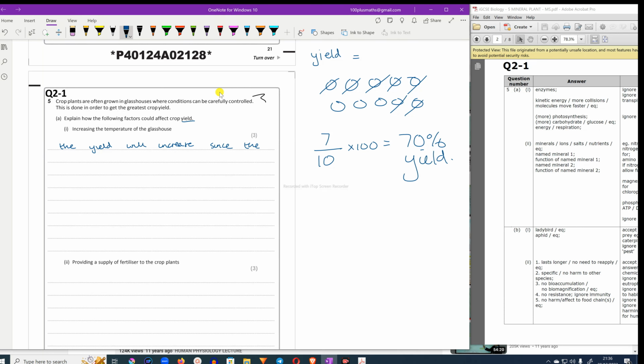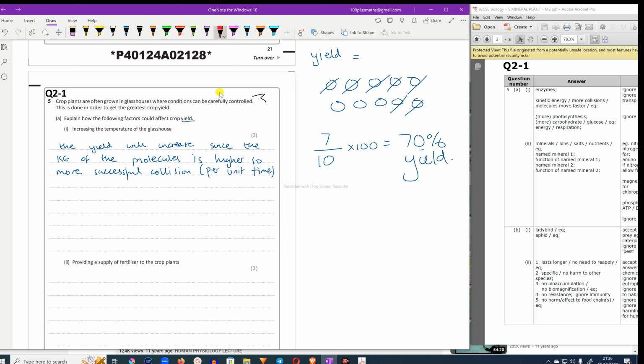Will increase the yield since the kinetic energy of the particles, or use the word molecules, is higher, so more successful collisions, right, per unit time. So overall you'll get more successful collisions.